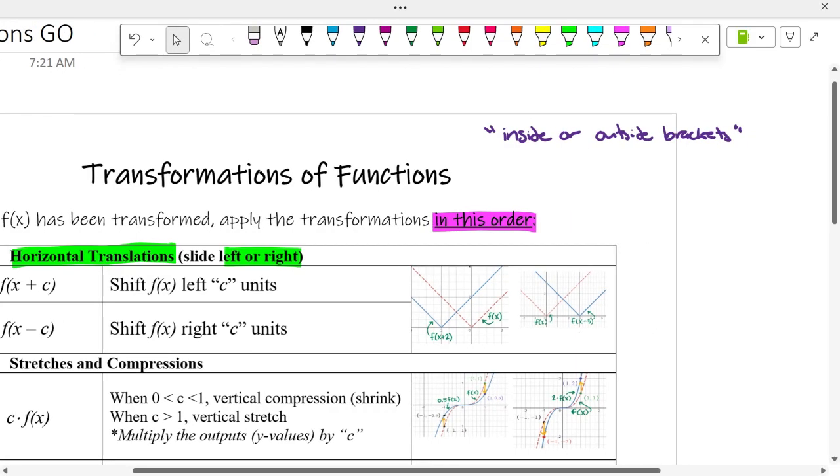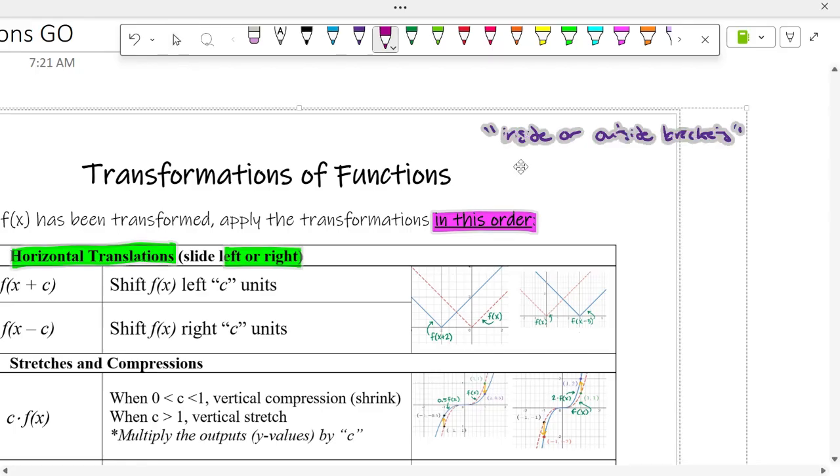Now, brackets is a very loose term that I use to describe a parent function's defining feature. Remember when I said last week about defining features, those will tell you what type of function it is. So for example, a square root function, what's going to be its defining feature? What's going to be its tell? That's the square root. All right, that's actually its bracket.